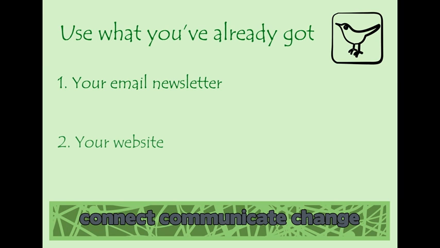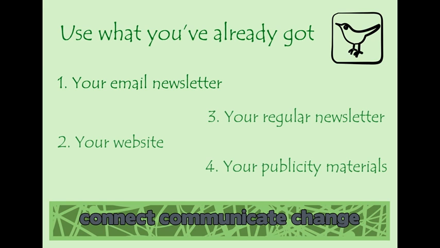Similarly, if you have a paper newsletter that goes out, you can add details on there. You can add it to your publicity, so any posters or leaflets that you get printed, add details of your Twitter account, because the people who see those are the people who are interested in what you do, so that makes it easy.